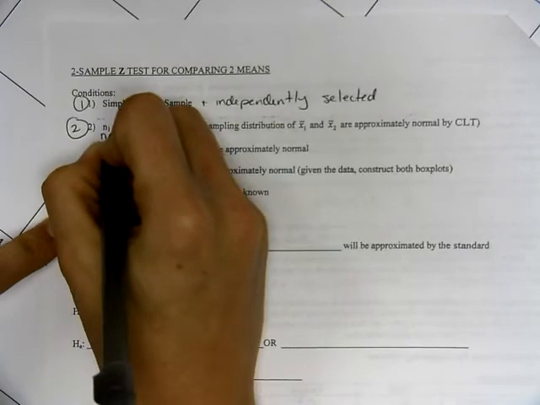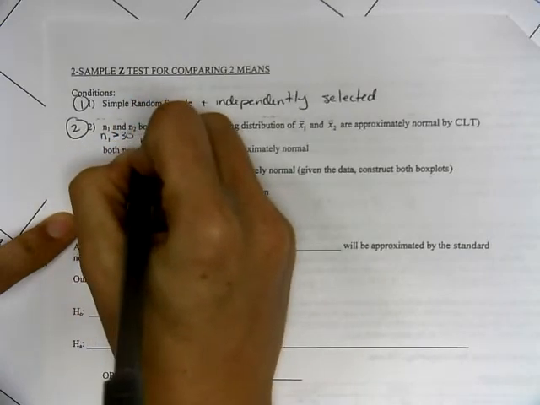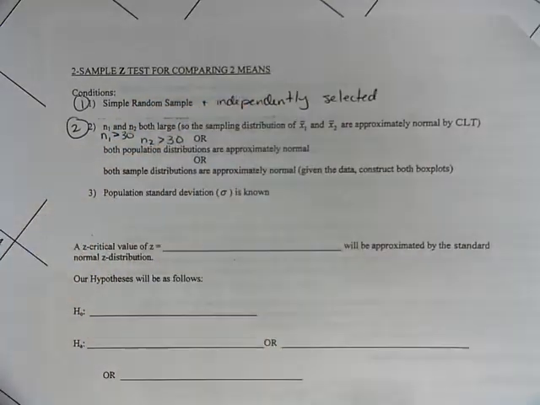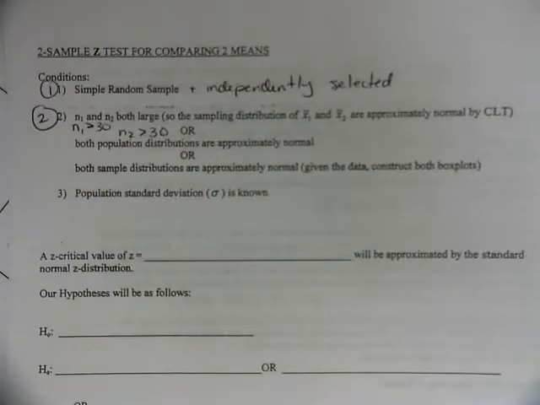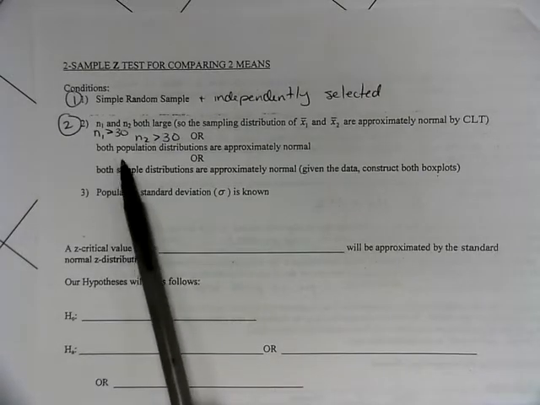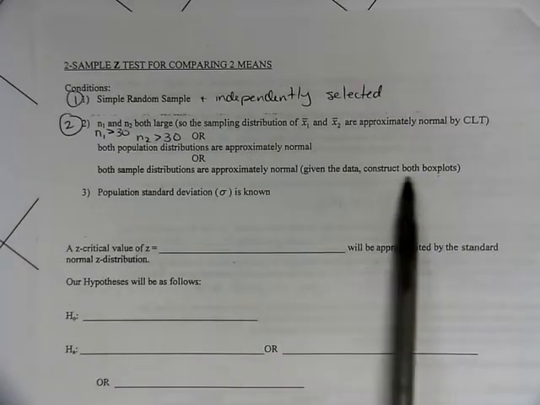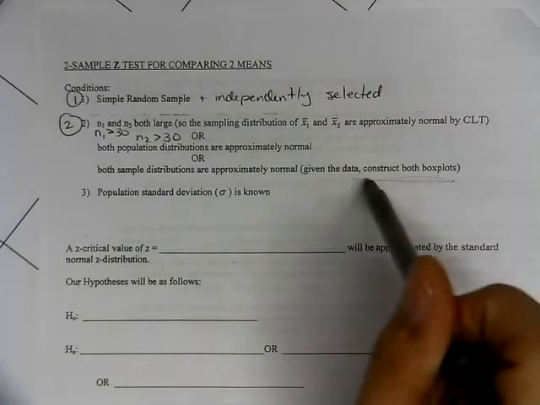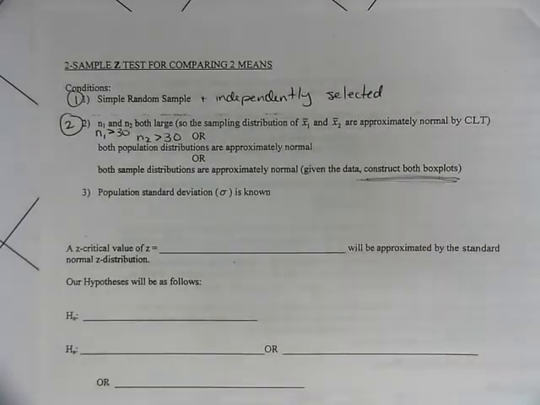So N1's got to be greater than 30, N2's got to be greater than 30. So then you can say both sampling distributions are approximately normal by the central limit theorem. Or you can have the population distributions are already normal. Or you can construct 2 box plots, which is the worst one. And you basically do 2 box plots on one graph.